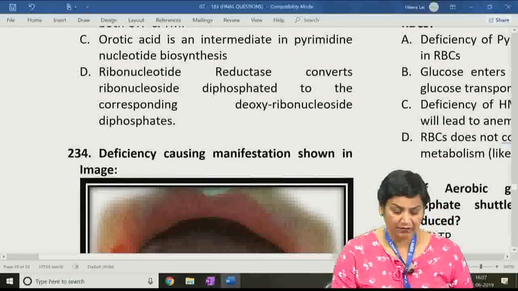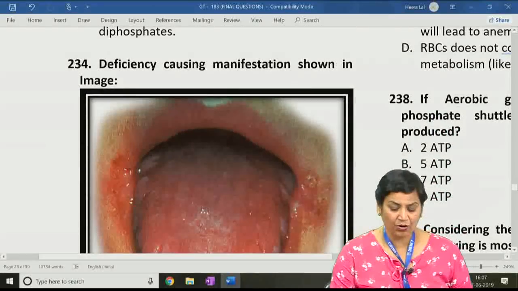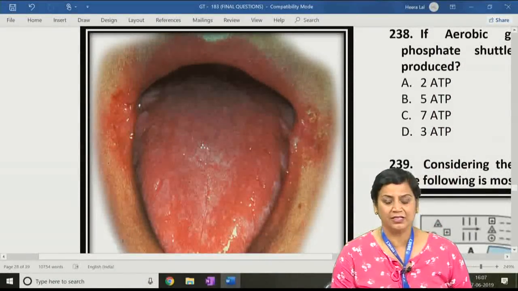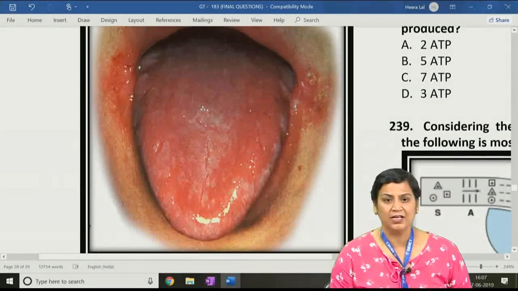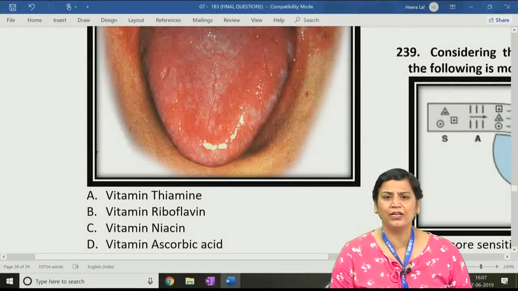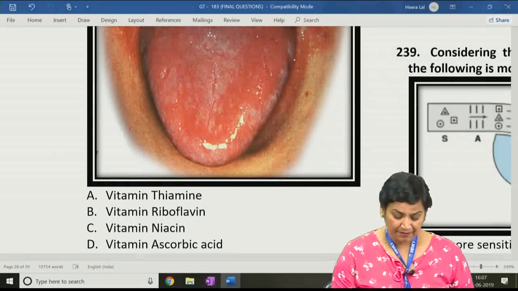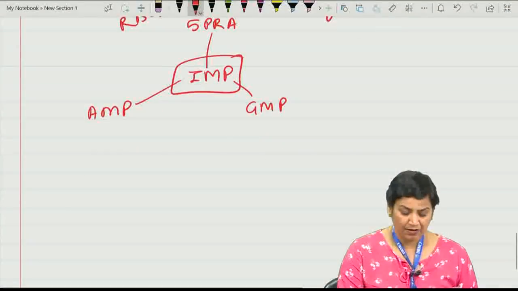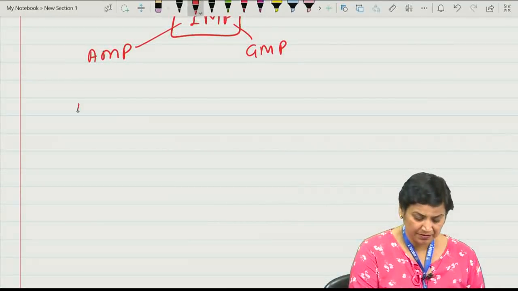Then question number 234. Deficiency causing manifestations shown in the image. Now see, it is clear from the image. The color of the tongue has changed, and you can see fissures around the corners of the mouth. So this is a typical case of deficiency of vitamin B2, which is riboflavin.